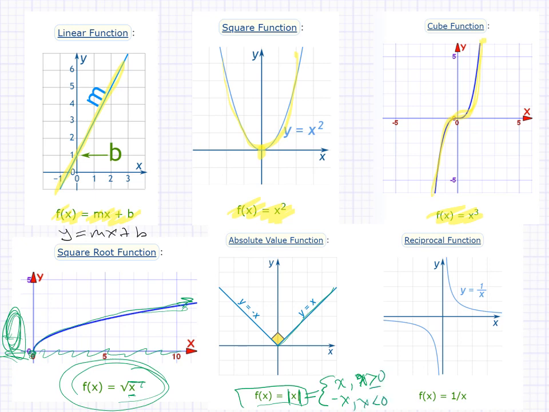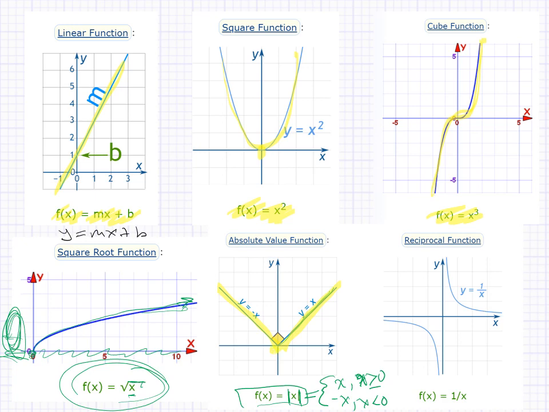So it's really two lines, y equals x and y equals negative x. We're not going to talk about that in too much detail right now, but ultimately it's got this V shape to it, where the point of the V is at the origin. That would be your absolute value function.